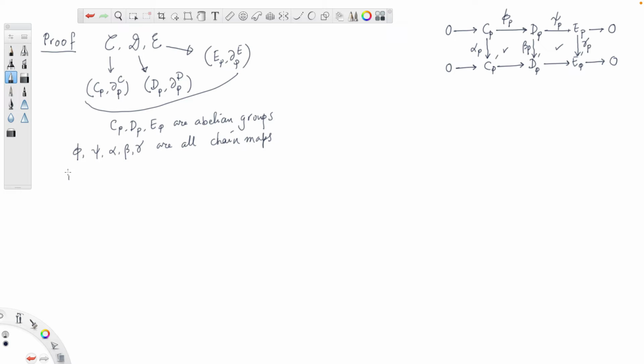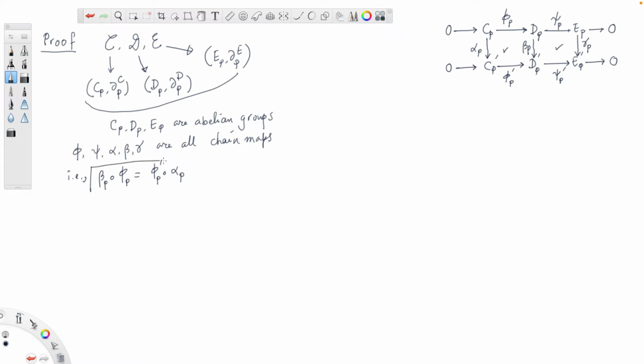It means that the following equalities of group homomorphisms hold. Beta p composed with phi p is equal to phi p prime composed with alpha p. I should say that this is phi p prime and this is psi p prime.